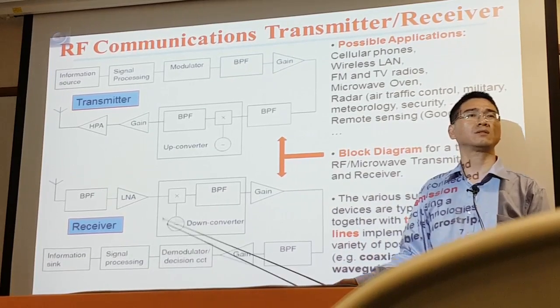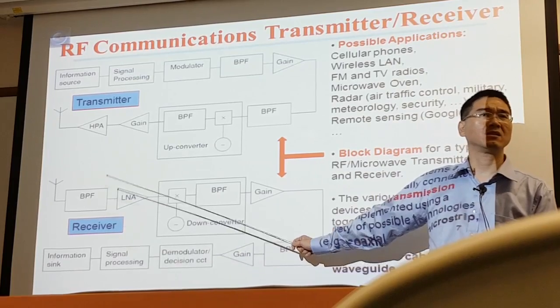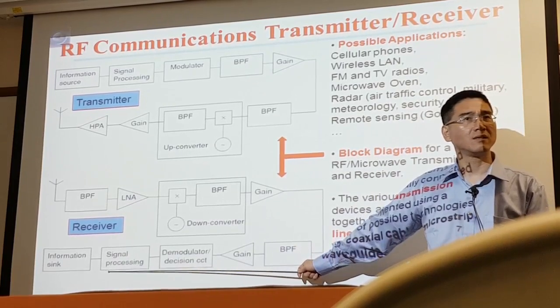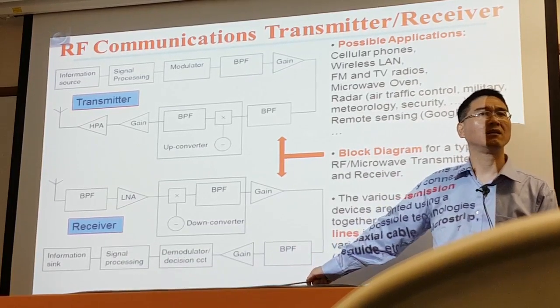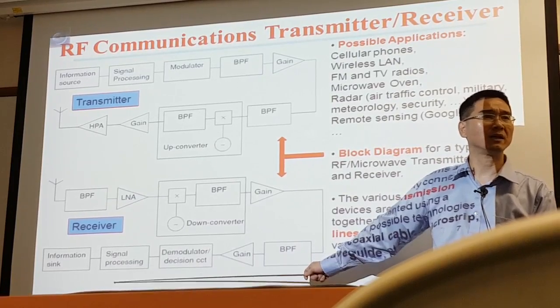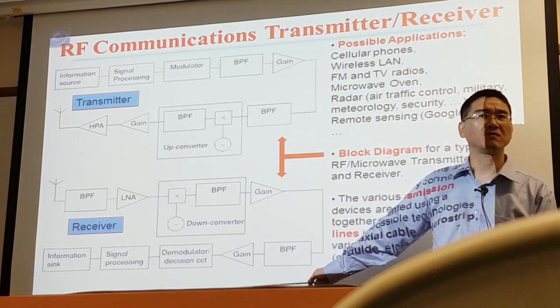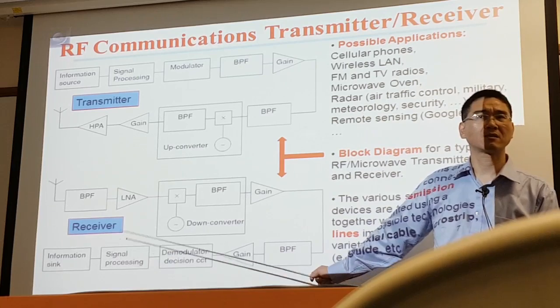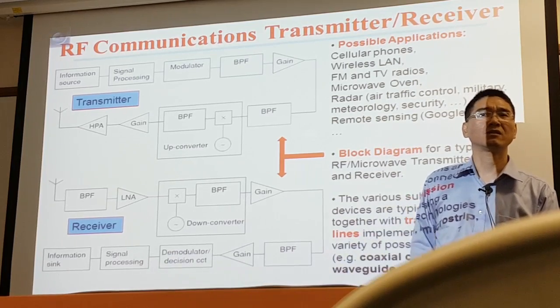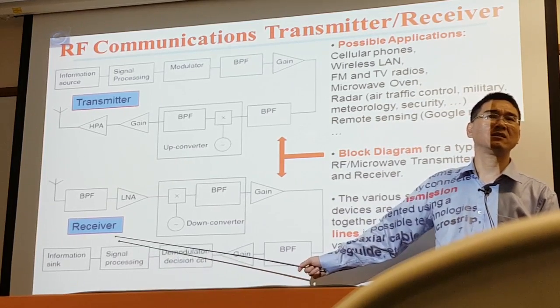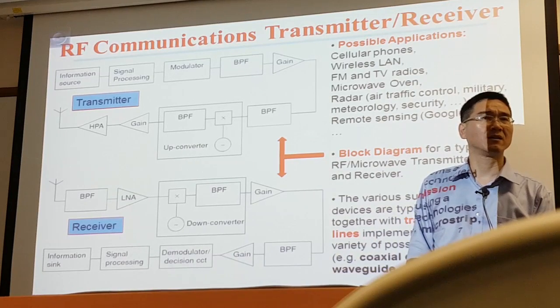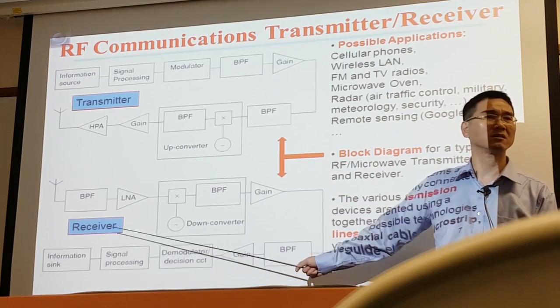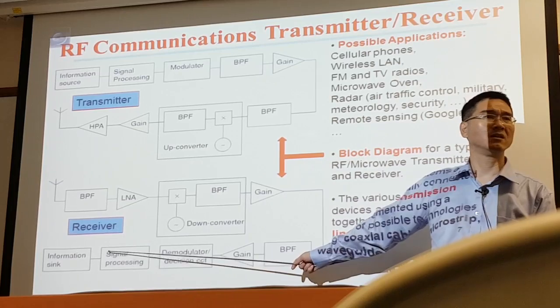But also we will explain what the sensitivity is. Who can explain what the sensitivity of the receiver is? Minimum power that can be received by this receiver. For instance, the Wi-Fi signal, what is the typical sensitivity?